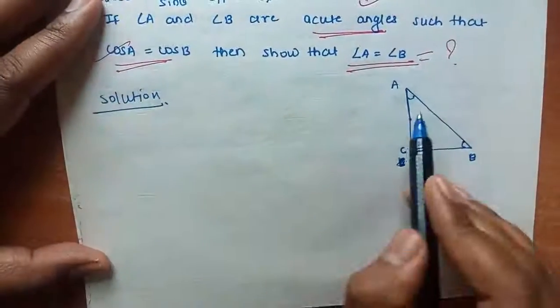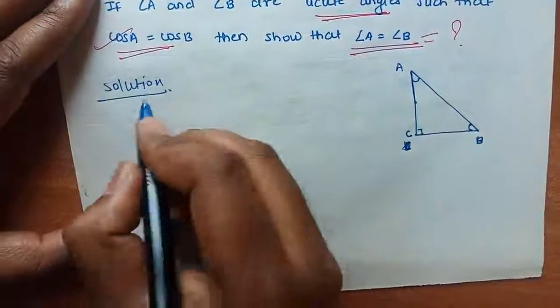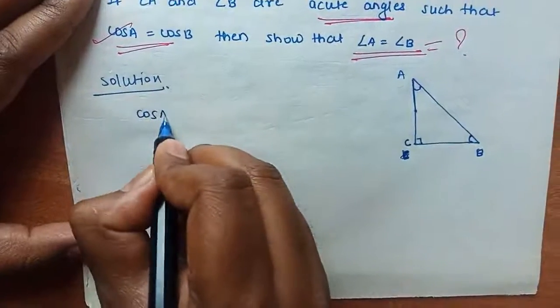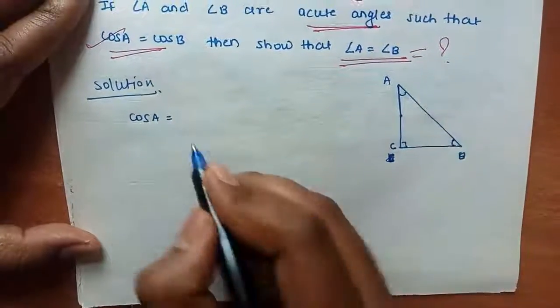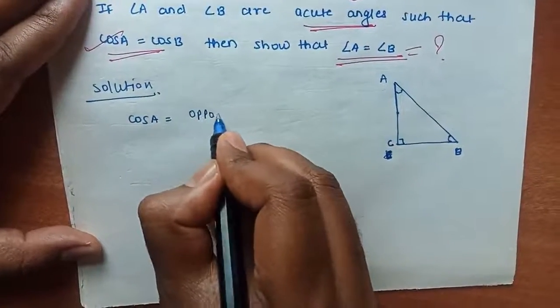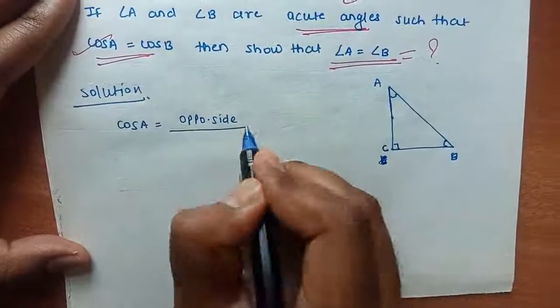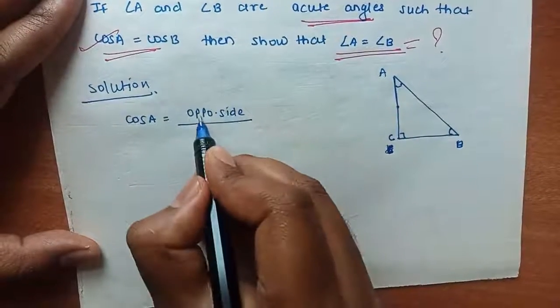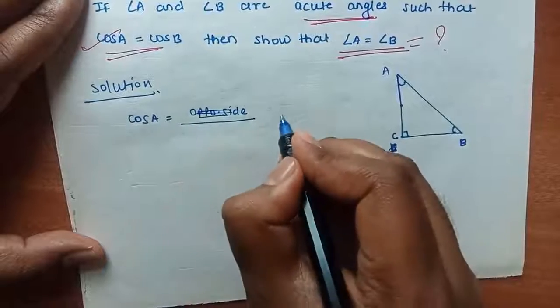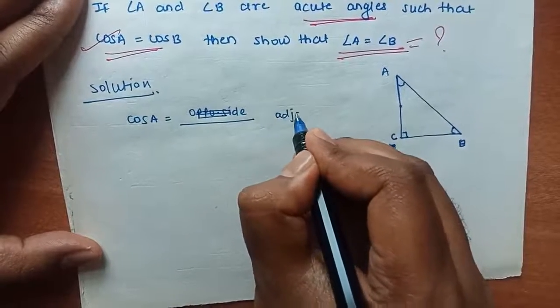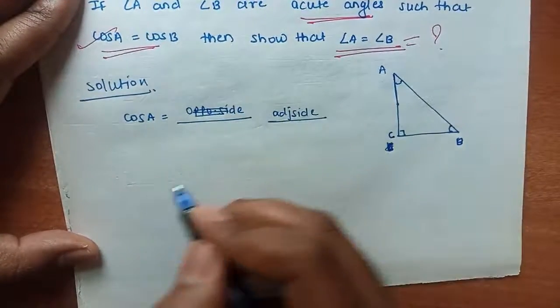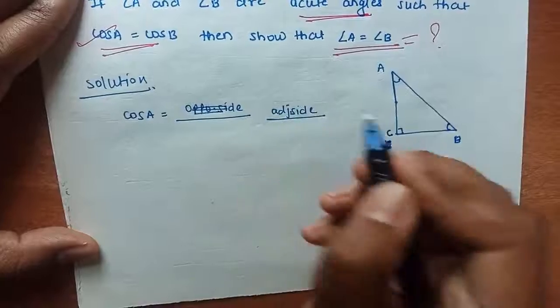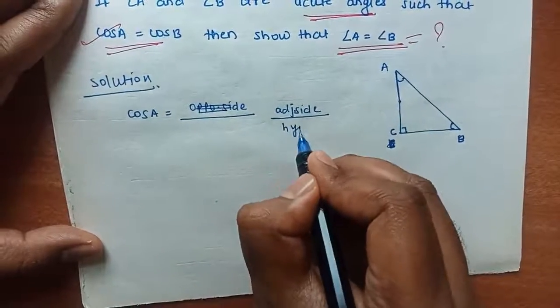Now according to this figure, since cos A is equal to cos B, तो cos A का formula हमें पता है. Cos A is equal to adjacent side upon hypotenuse.